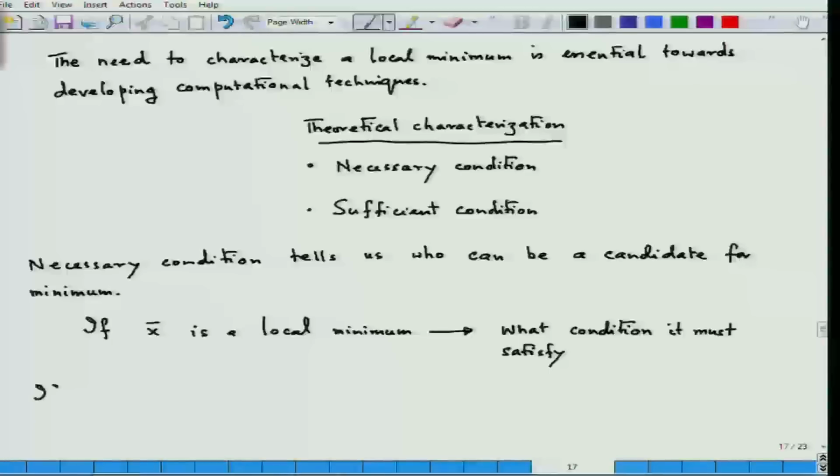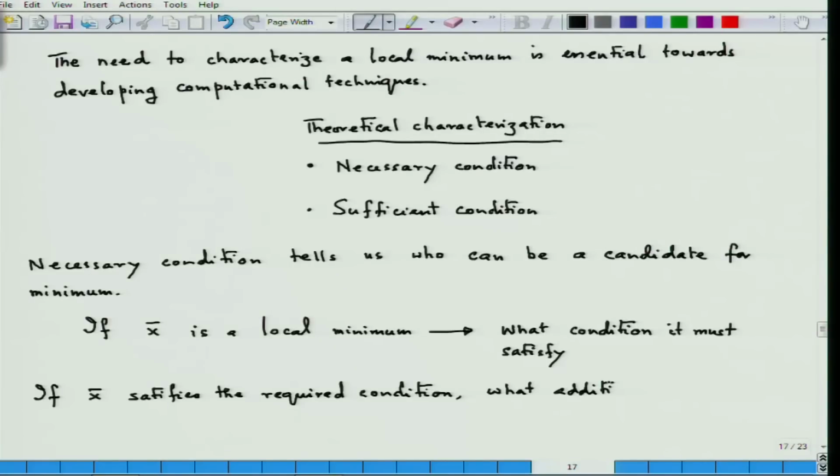Now, if x bar satisfies the required condition, what additional assumption would guarantee that it is really a local minimum? That is where the sufficient condition comes in.